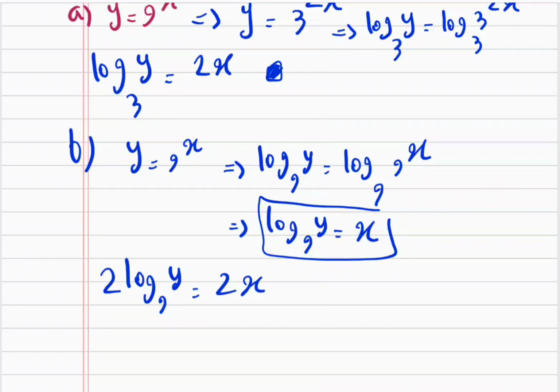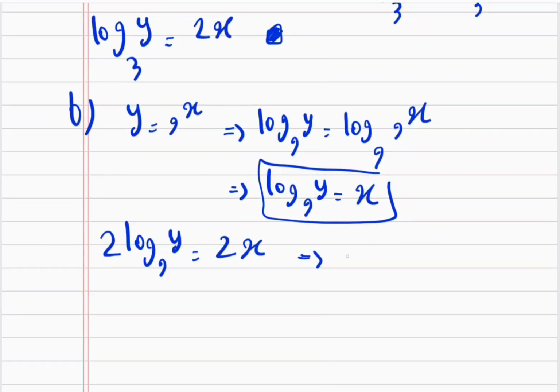And notice that from part A, we have log base 3 of y is equal to 2x. So we can now substitute that into 2x. So we'll get log base 3 of y is equal to 2 log base 9 of y.